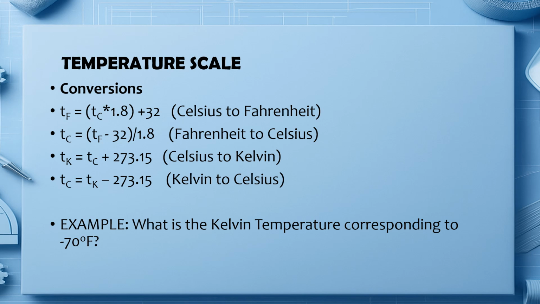Okay, these are the conversions, but you can actually use your calculator if you are going to convert Celsius to Fahrenheit and Fahrenheit to Celsius. The most basic conversion that we are going to calculate is from Celsius to Kelvin or Kelvin to Celsius. We either add or subtract 273.15 to convert Celsius to Kelvin or Kelvin to Celsius.